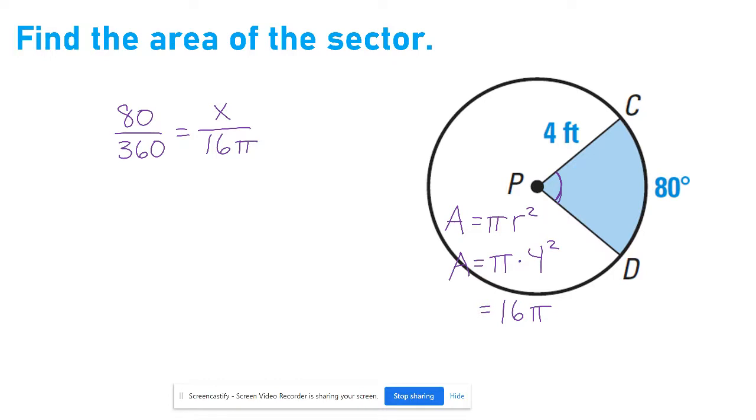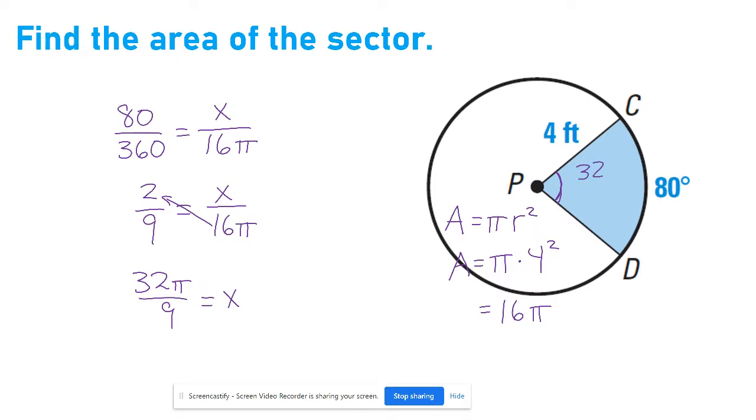I can divide 80 and 360 both by 40, which should give me 2/9 equals x over 16 pi. And I'll cross multiply using that 16 pi. And I will get 32 pi over 9 equals x.